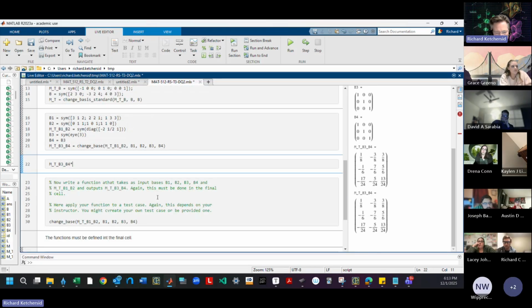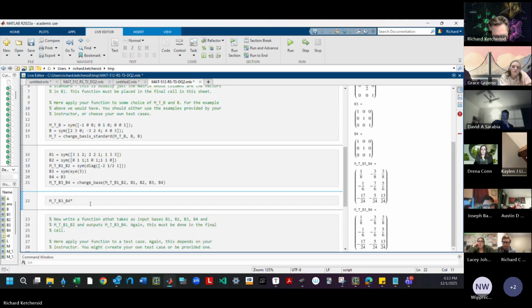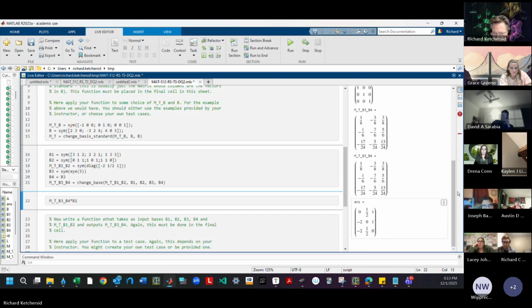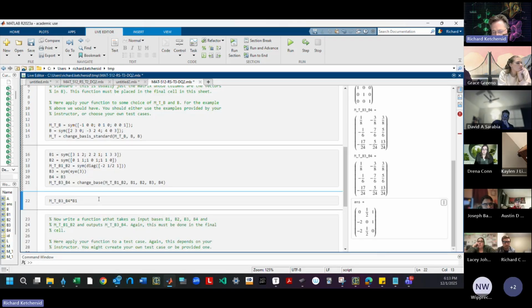That's what it was supposed to be doing. So I want to apply it. So this is my matrix B1. That's what I get, right? If you look at that, I get -2 times the first row, 1/2 times the second row, and 1 times the third row, which is exactly what it should do, right? So that's another thing you should do when you're doing your MATLAB: do some checks to make sure it's doing what it's supposed to do, right?